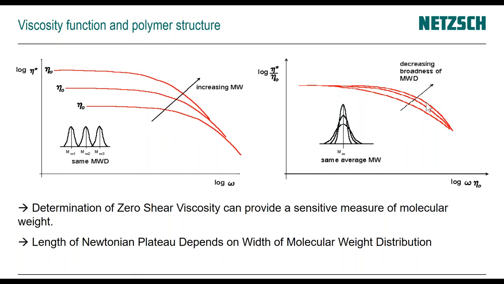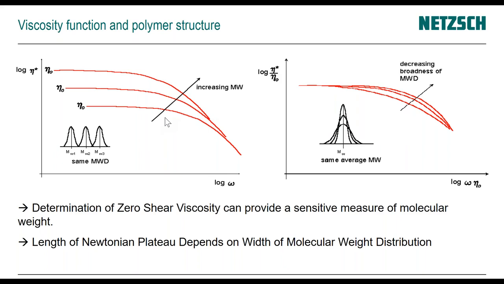So again, it's very hard to compare 2 different materials, but if you're looking at regrind, you can already see how different that material is from your virgin material or a composition of virgin and regrind. So that's why I wanted to mention that.